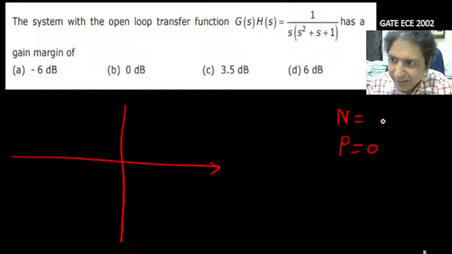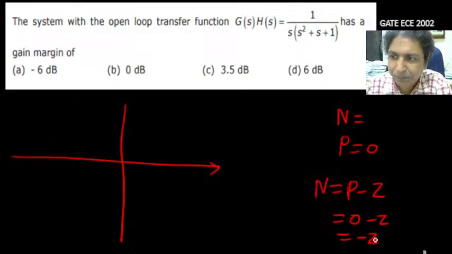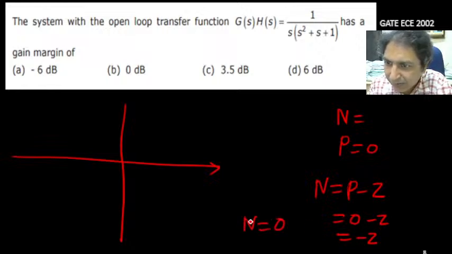So N equals P minus Z. If P is equal to 0, then it is simply minus Z. So in order to be stable, Z has to be 0. So if N equals 0, then only it is stable.